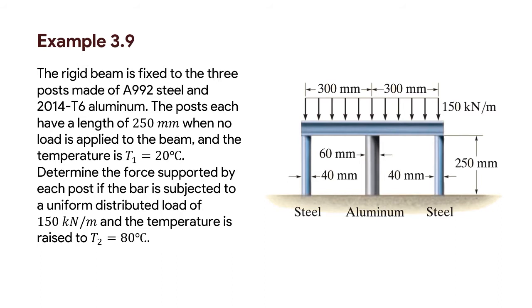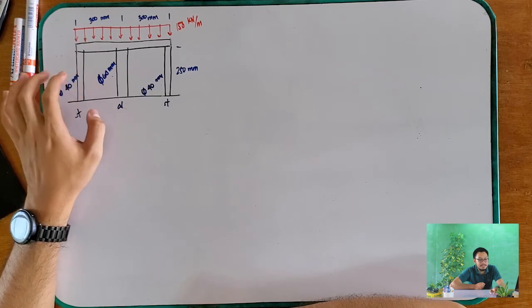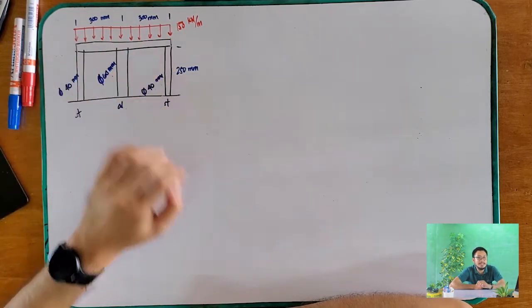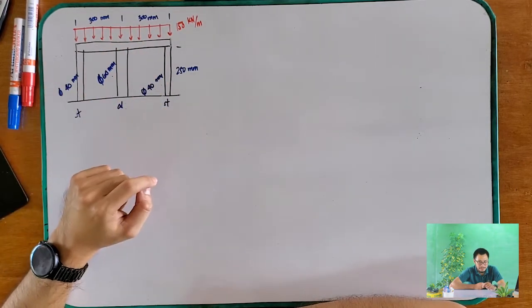And we have to determine the force supported by each beam. So, unsa ang force nga naa sa each beam? So, ang atong ipangita is to look for the internal forces of each beam after the temperature is raised from 20 degrees Celsius to 80 degrees Celsius.